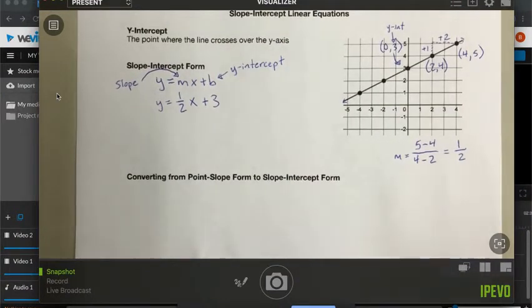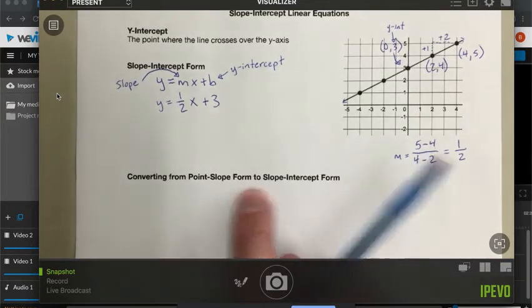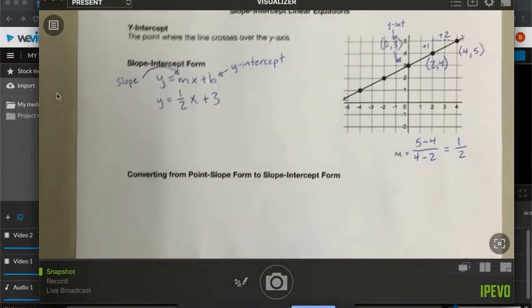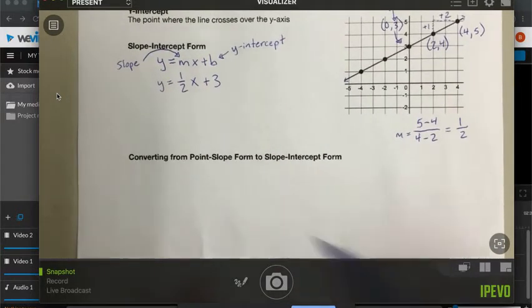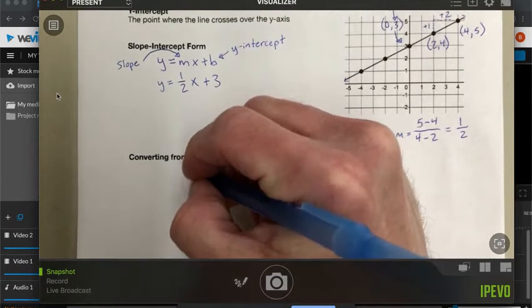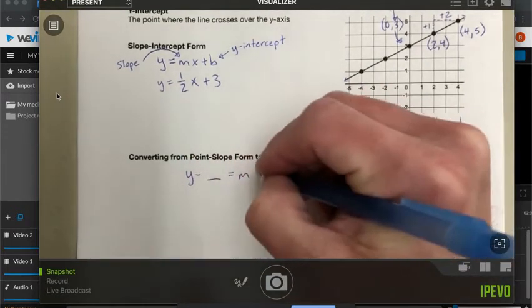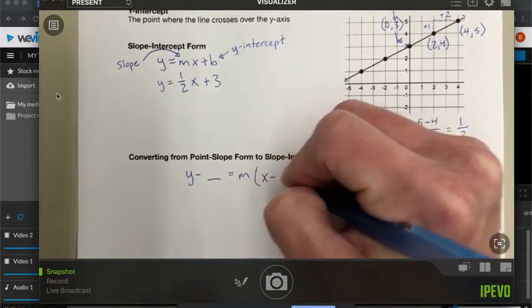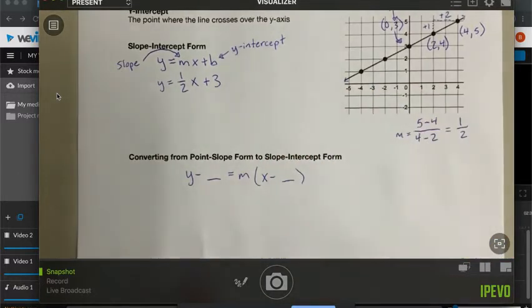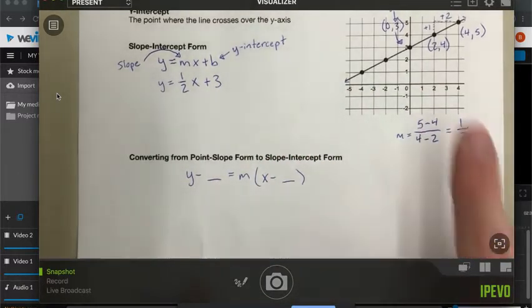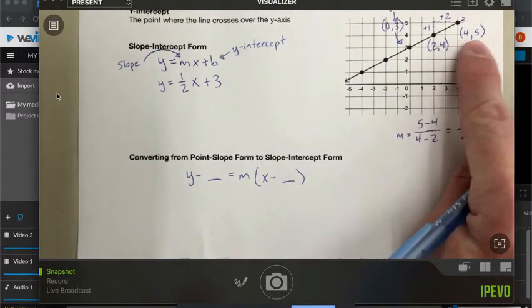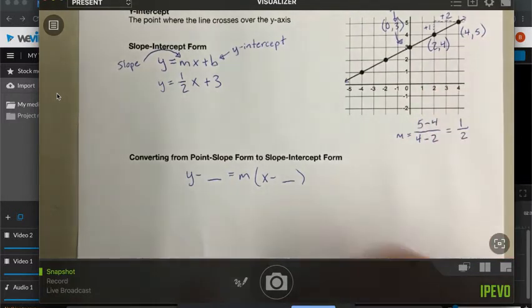Now, the other thing I might think about is, is it possible to go from our old form of point slope form to slope-intercept form? So let's say I use our point slope form, and let's say in this case, I use this point (4, 5).